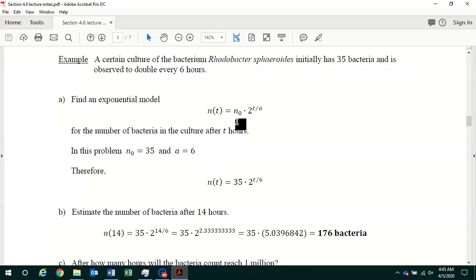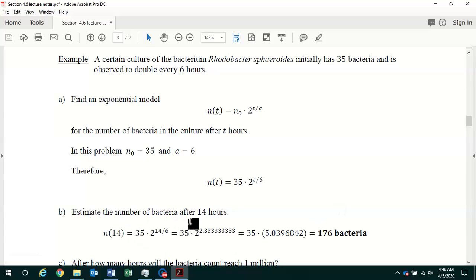So replacing n sub 0 with 35, and replacing a up here with 6, this is our model for this particular problem, right? 35 initial bacteria and the time to double is 6 hours.